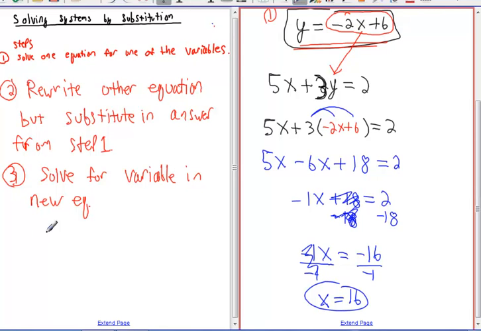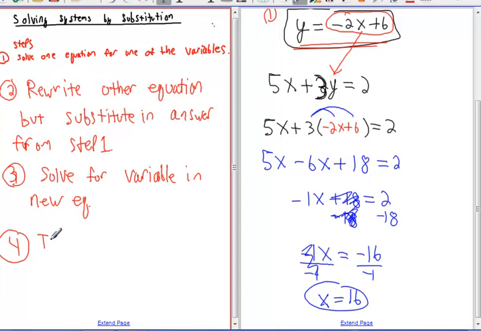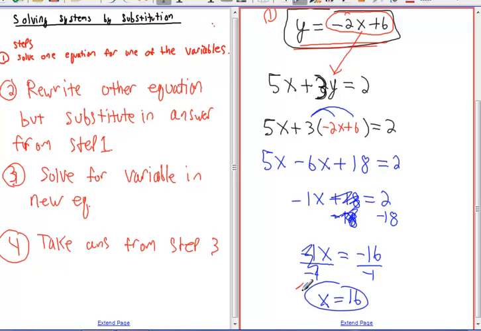So now we need to know the last step. So step 4, take the answer from step 3. Take the answer from step 3, which is aka this, right? A little line. This is the answer from step 3.